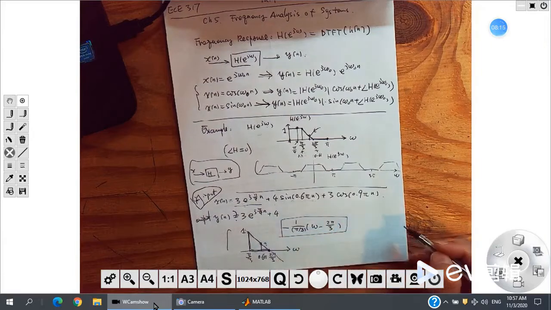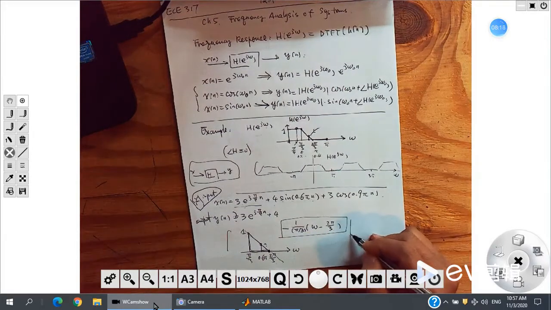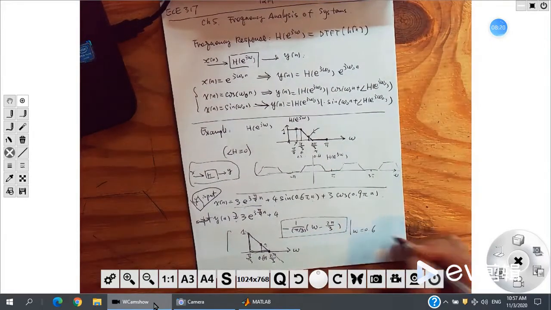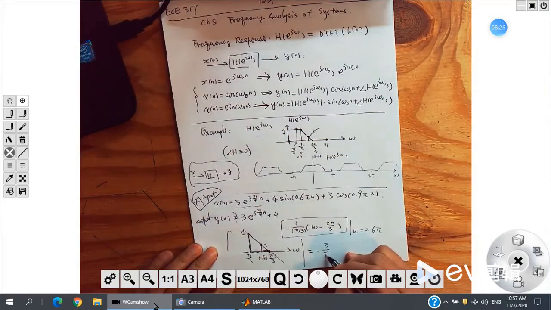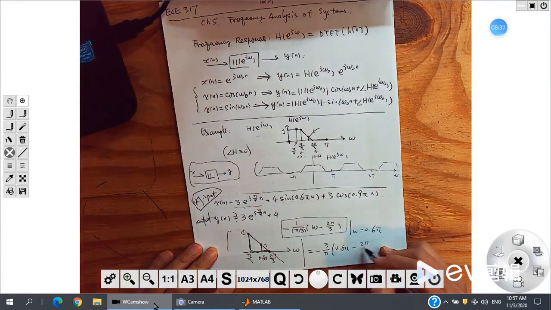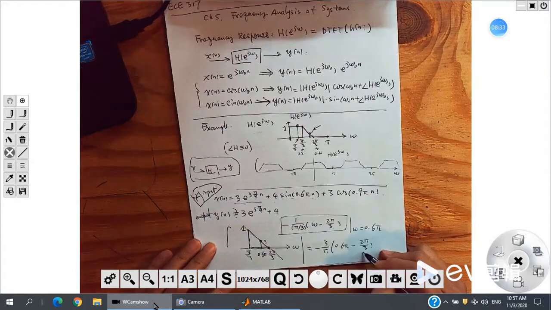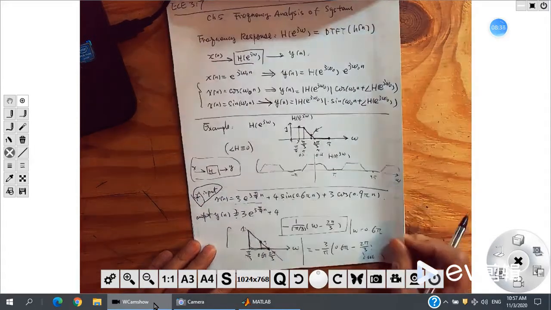Now omega equals 0.6 pi. So this is negative 3 over pi times 0.6 pi minus 2 pi over 3. So this is 0.6666 forever. Then what will be the result?